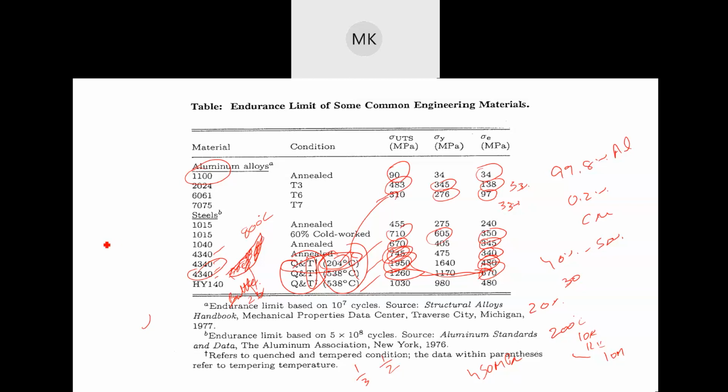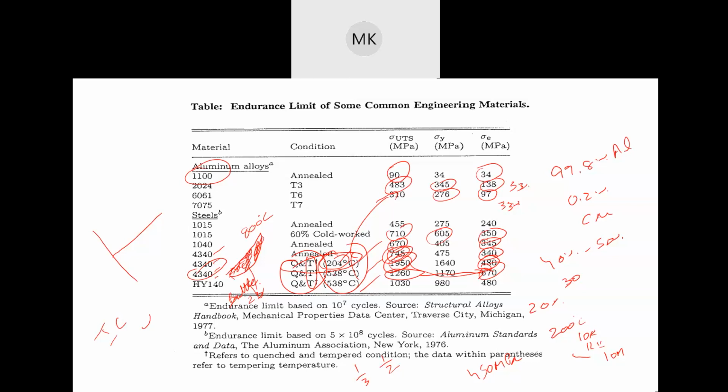Also, there will be a chapter in which I'll be talking about the iron carbide diagram, and that's very, very important for you to understand what temperature you have to go to. It's just a phase diagram where you understand what temperature is going to give you what kind of microstructure for steel. So I'll be talking about that a little later, but this is the generic understanding of endurance limit.